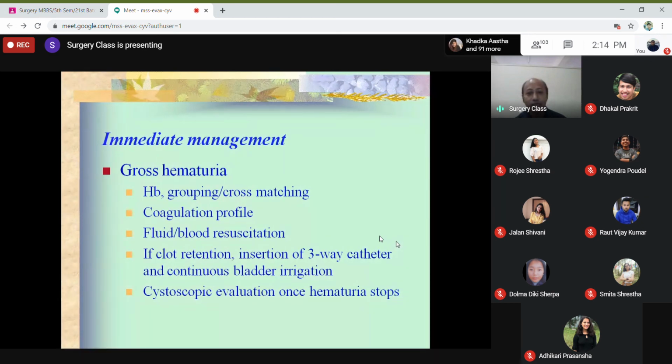These pathologies we will discuss one by one in your 5th, 6th, 7th, 8th, 9th semester. So we will not go into detail about the diagnoses like stone, malignancy. These will be dealt with in individual classes. This is all about how you proceed in the case of hematuria.